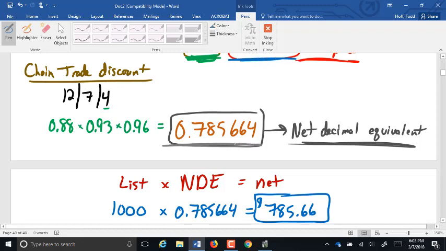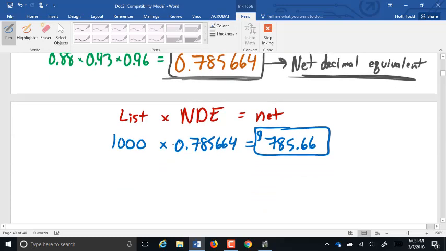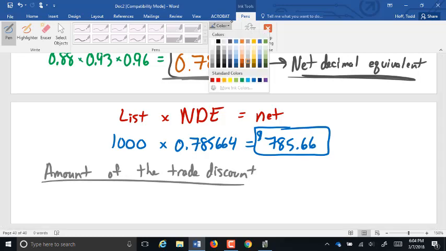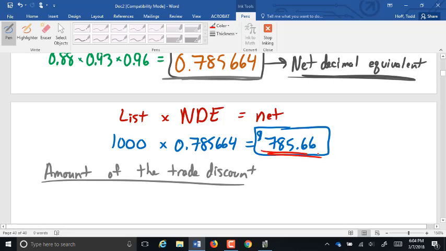Now, if that is the net decimal equivalent, what if we want to find the amount of the trade discount? Well, now that I have that net price, I could just take the list price minus the net price and get the amount of the trade discount.